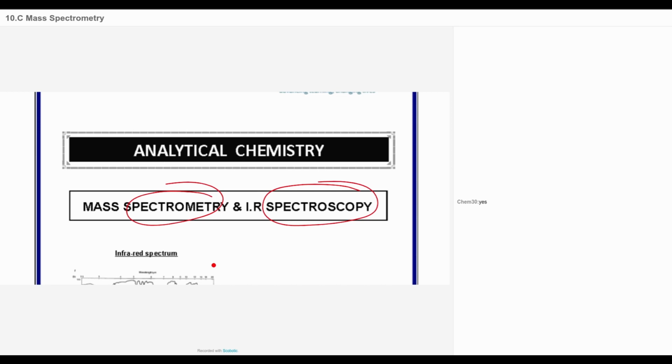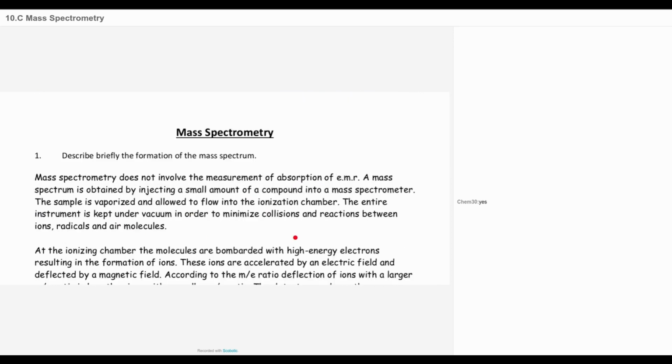So the identification of the molecule in spectroscopy techniques is done by analyzing how the molecule or species interacts with the electromagnetic radiation. In spectrometry, there's no electromagnetic radiation involved, but in spectroscopy, there is. That's the main difference between spectroscopy and spectrometry.